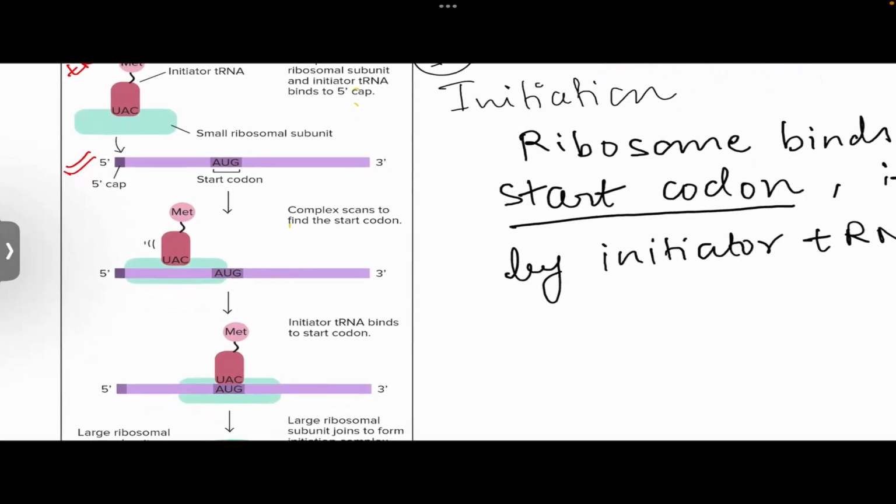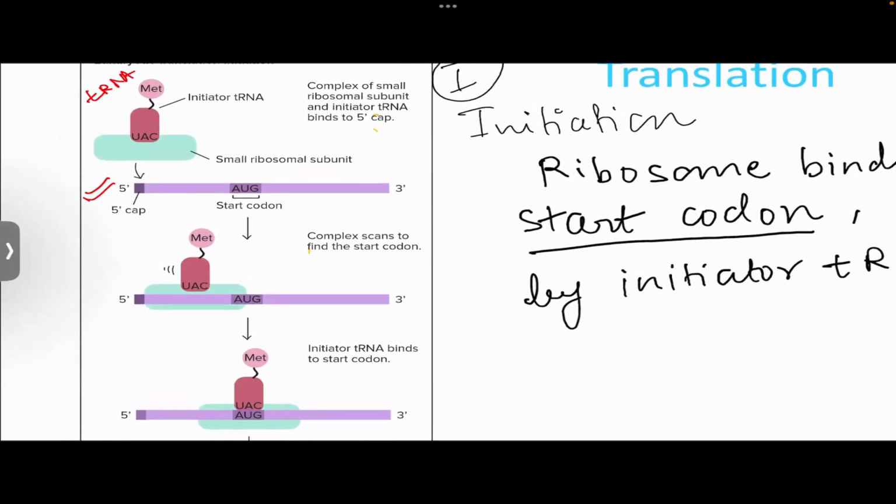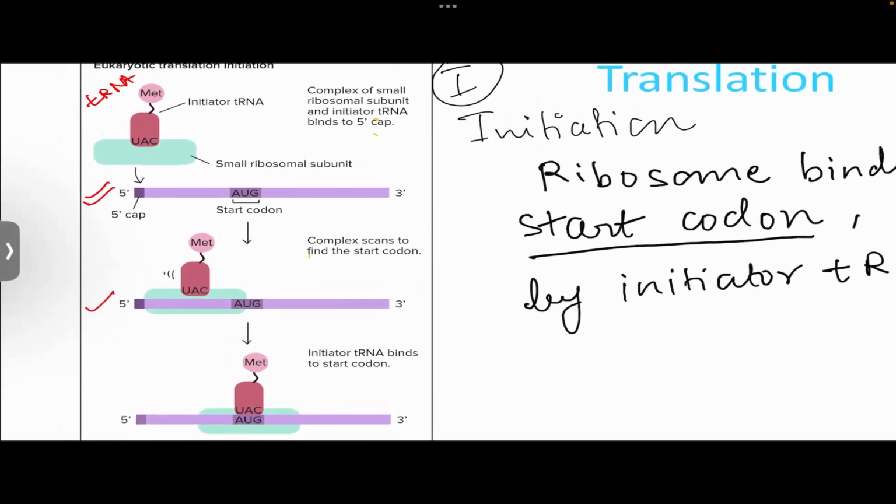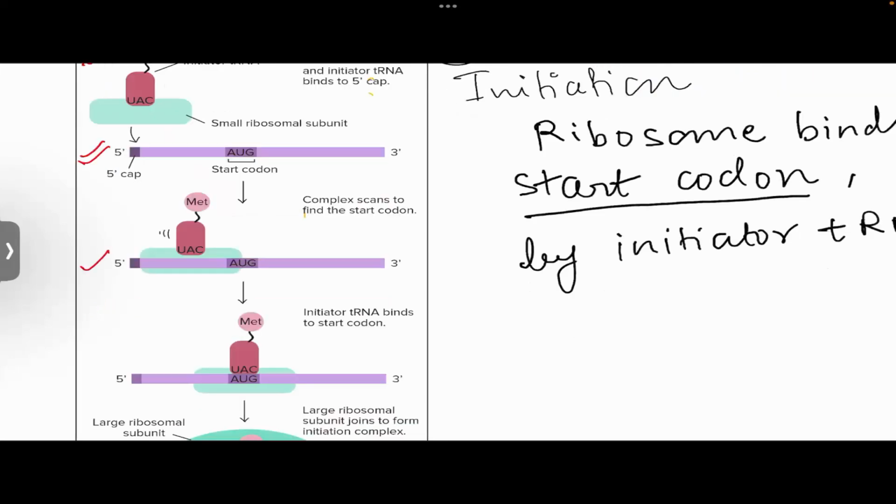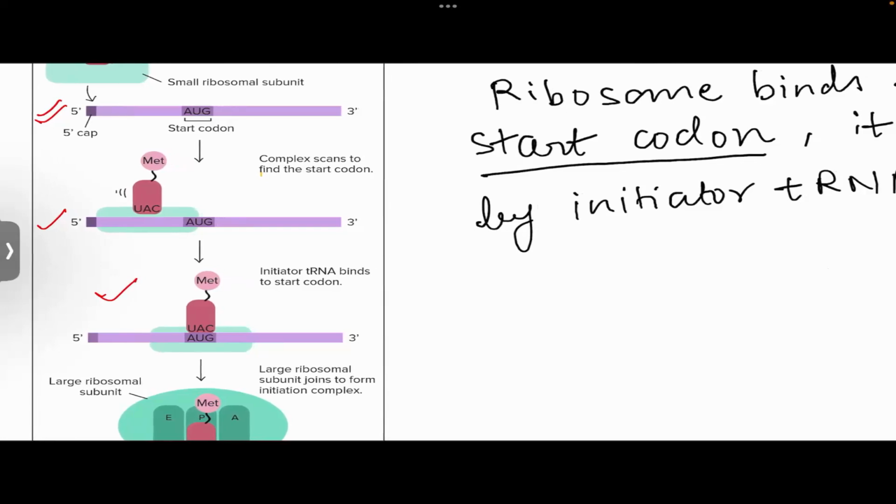Now this small ribosomal unit, in this step, has bound to the 5' end. It then slides towards the start codon.